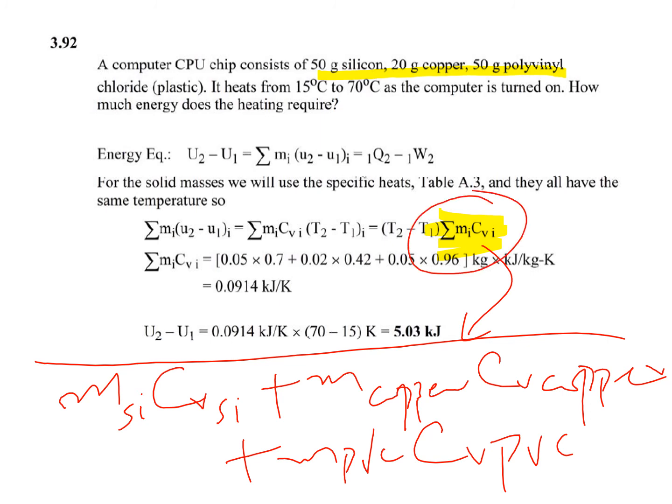You don't need to get worried about this summation. This is only the summation of the product of mass and the corresponding specific heat at constant volume. So you can find all these specific heats Cv from the table at the back of your textbook, and you can use this formulation to find the total amount of energy that is required by this system.